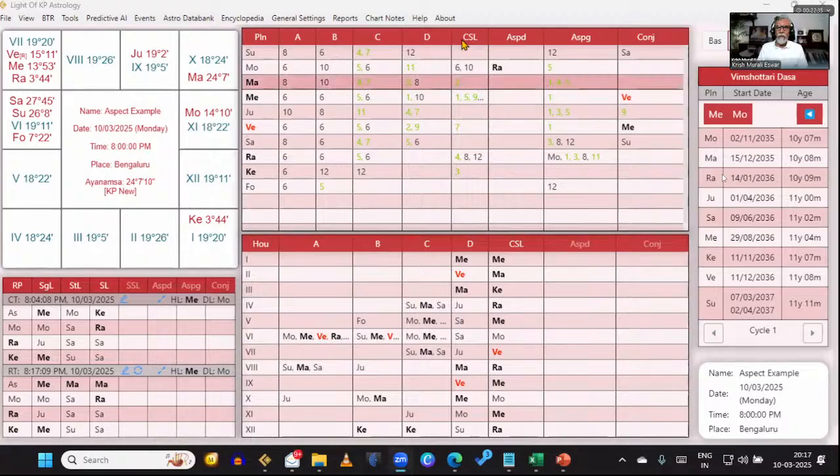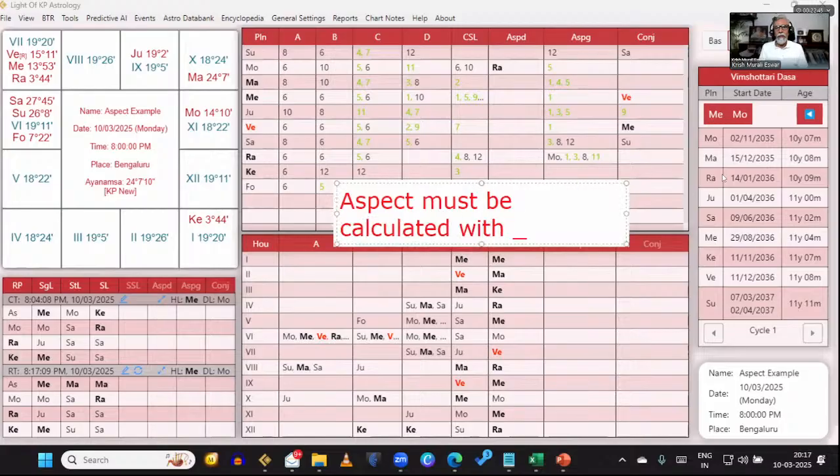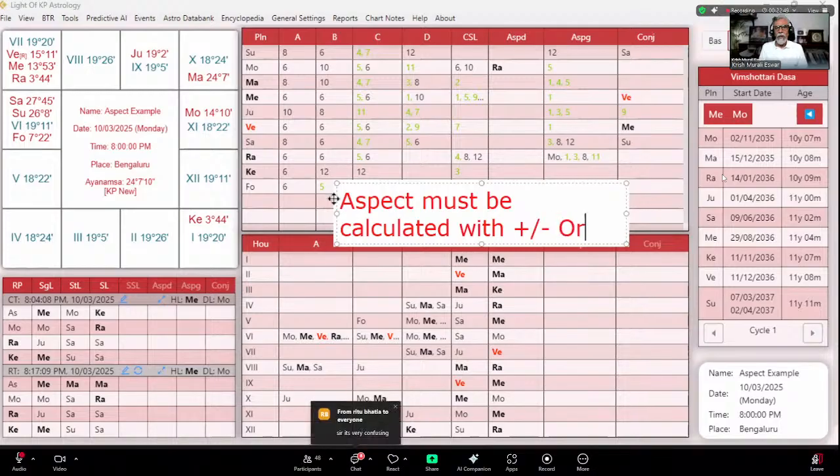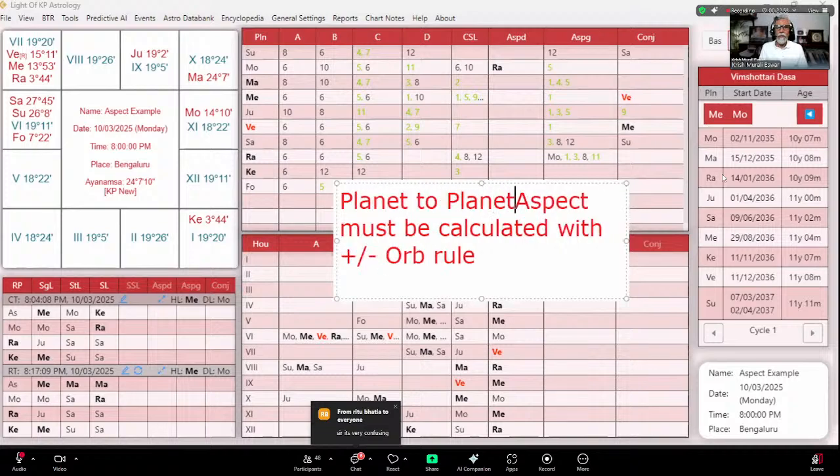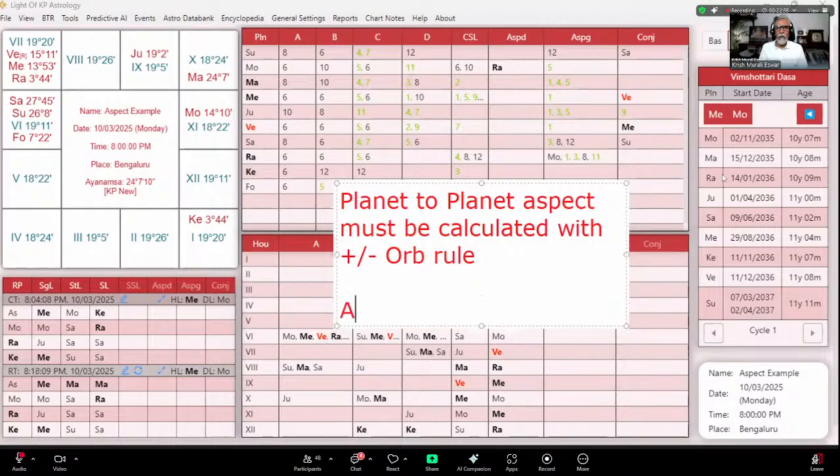Okay, always and always, aspect must be calculated with plus or minus orb rule. Always, that is, planet to planet aspect must be calculated with plus or minus orb rule.